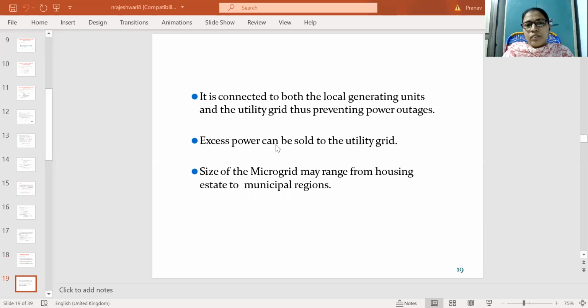Excess power can be sold to the utility grid. The size of a microgrid may range from a housing estate to municipal regions, so that much power is generated in the microgrid and supplied to the housing estates and municipal regions.